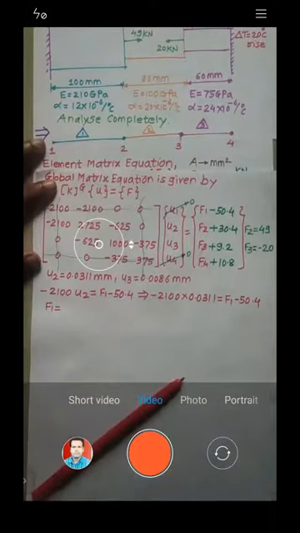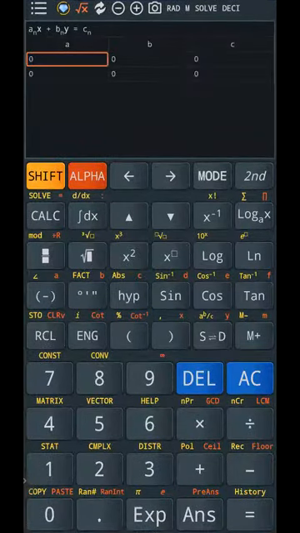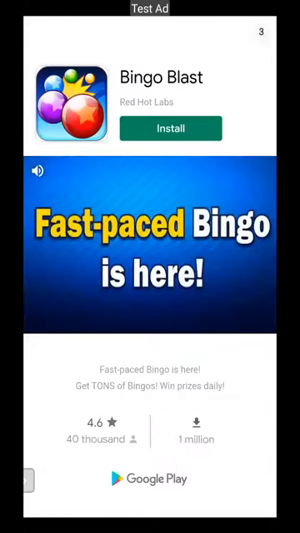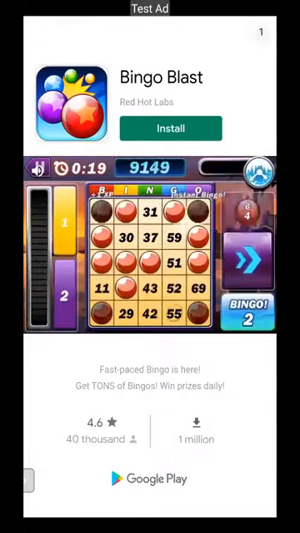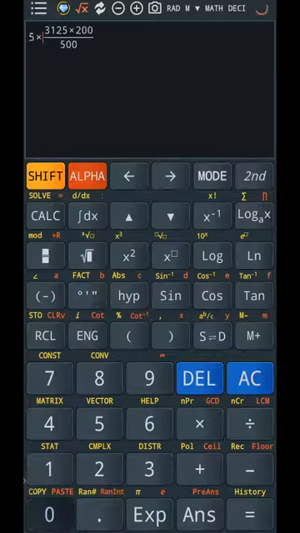Okay, so let's do the calculation for that. Go to calculator, basic mathematics. Now you are supposed to do the calculation, so do that fast. I will do 50.4.